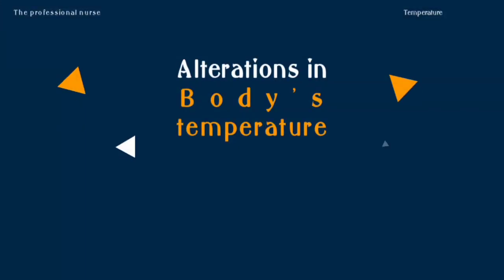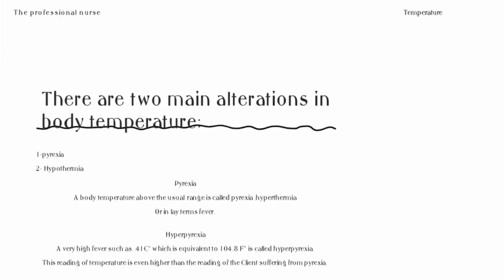Alterations in body temperature. The normal range for adults is considered to be between 36 Celsius and 37.5 Celsius. There are two primary alterations in body temperature: pyrexia and hypothermia. Pyrexia. A body temperature above the usual range is called pyrexia, or in lay terms it is also known as fever.